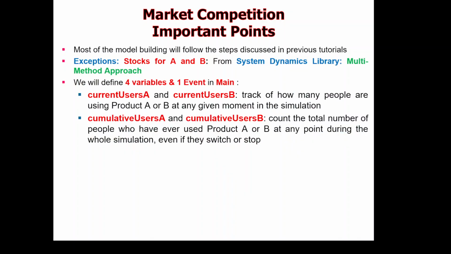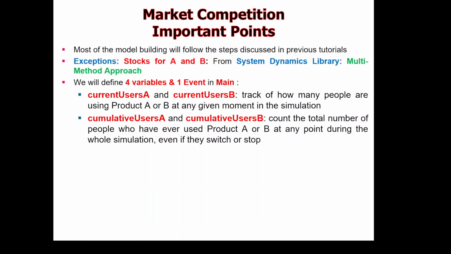We will define 4 variables and 1 event in the main diagram, and the first variables are current user A and current user B. Basically, we want to keep track of how many people are using product A or B at a given moment in the simulation.